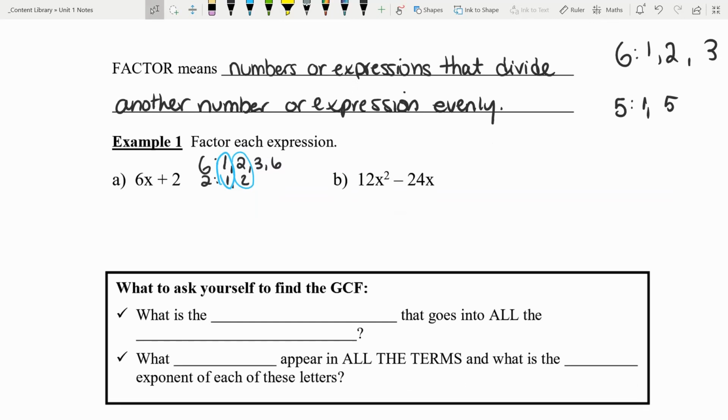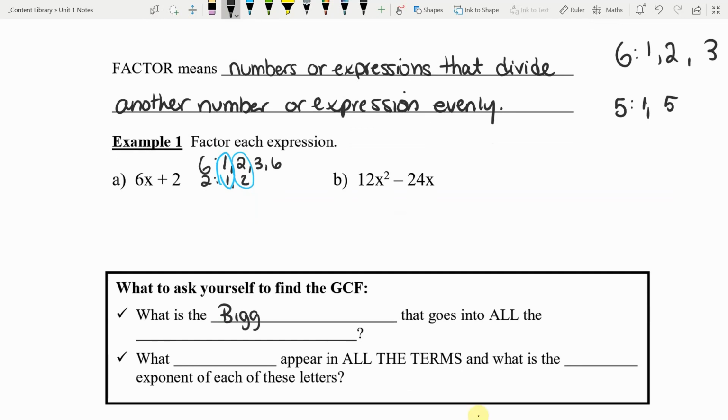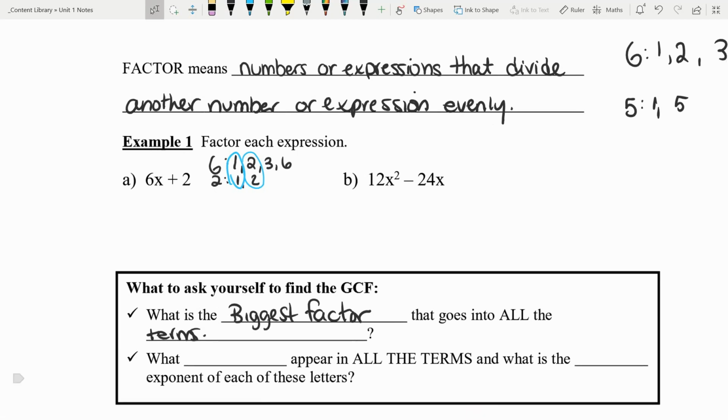So we're looking at what is the biggest factor, because remember, all of these numbers that we found are called factors. We're looking for the biggest factor that goes into all the terms. So it has to work for both of them.